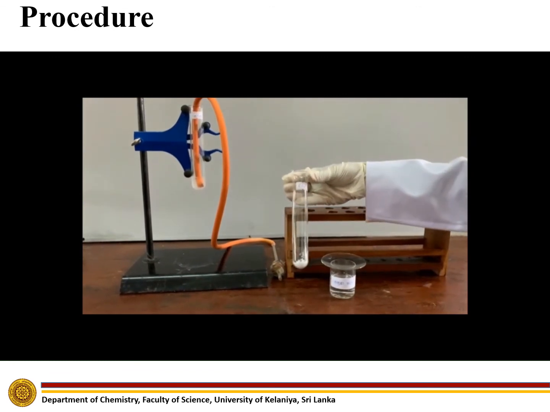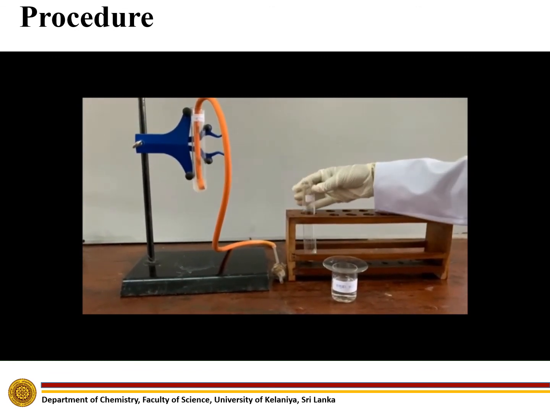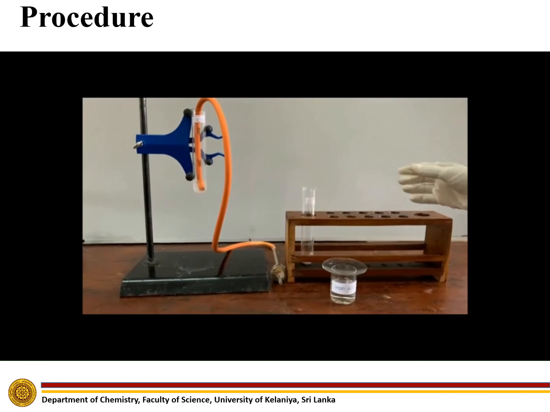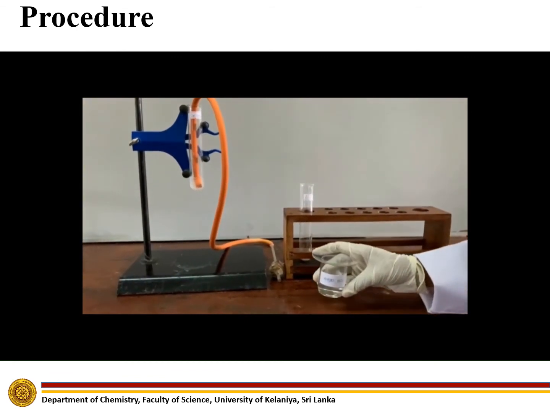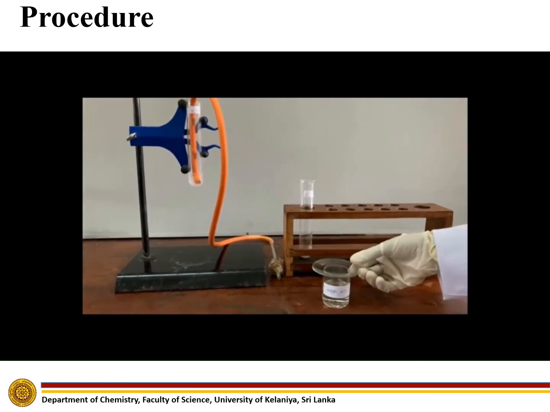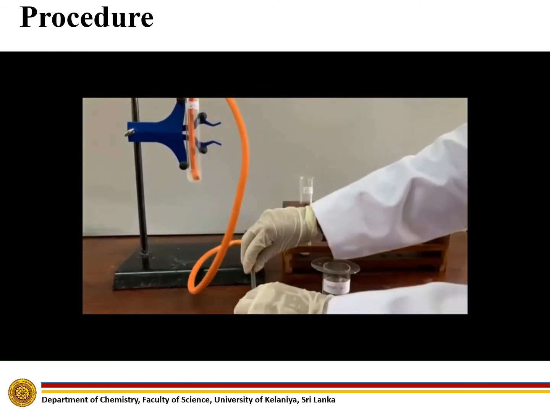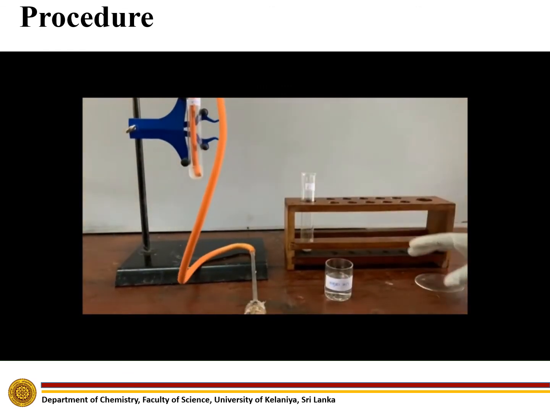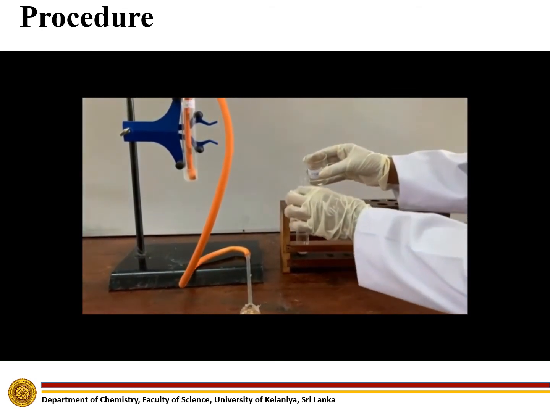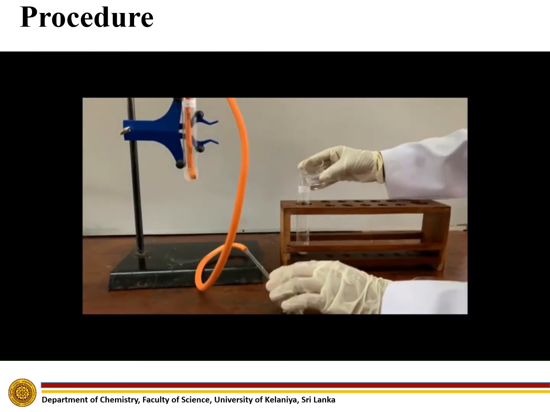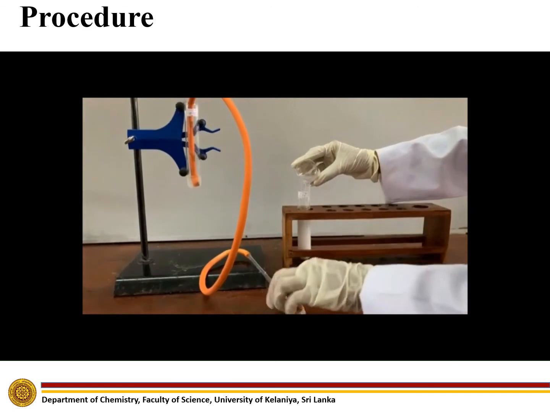Procedure: you have been given a carbonate ion powder. Add dilute hydrochloric acid to it.